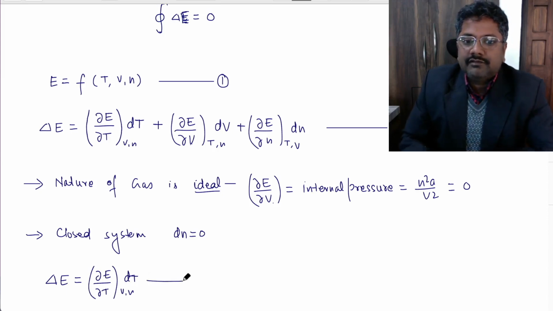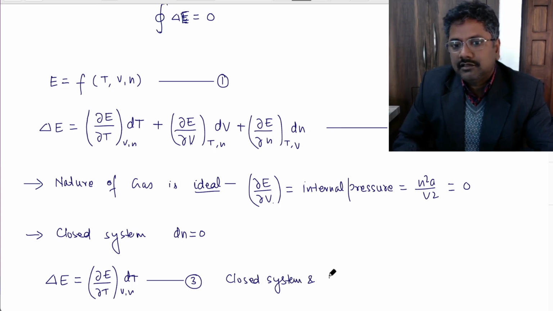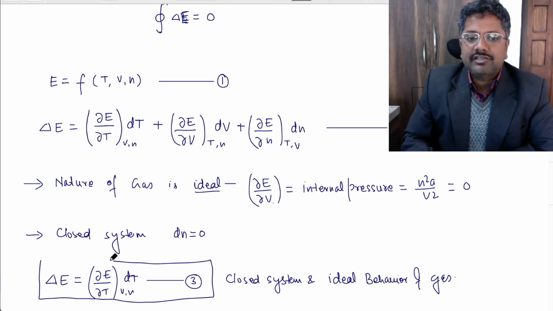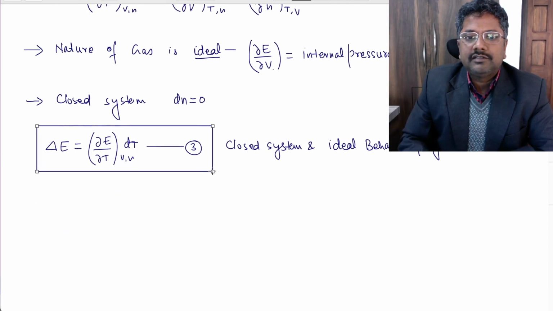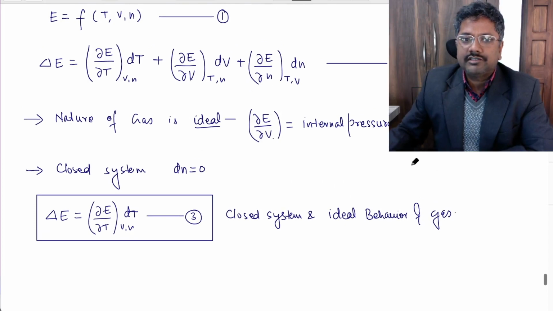This is equation 3, and this is valid for a closed system and ideal behavior of gas. So this is a very fundamental equation which tells about the change in internal energy for an ideal gas in a closed system.